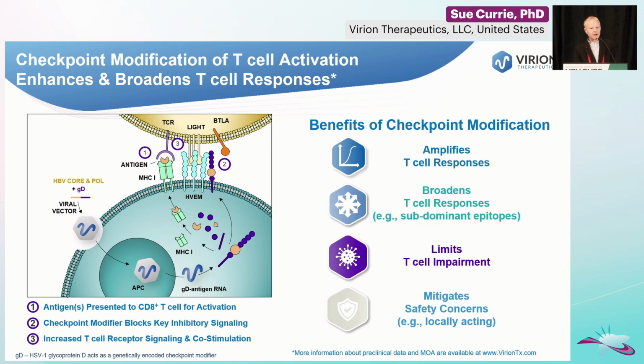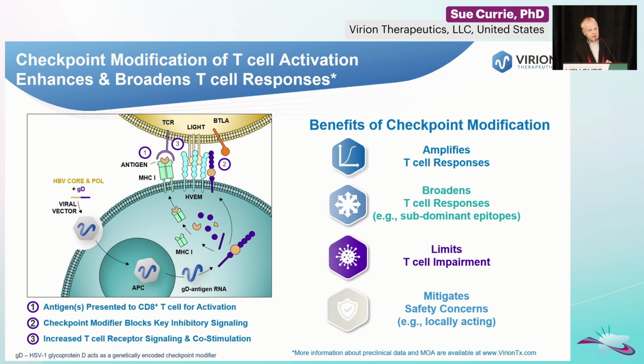Where we start, and I know the pointer doesn't work, is that following the IM vaccination, the core and Pol antigens are presented to the T cell for activation. Then glycoprotein D, the fusion protein, acts as a checkpoint modifier. That's a little different because it's doing a couple of things.